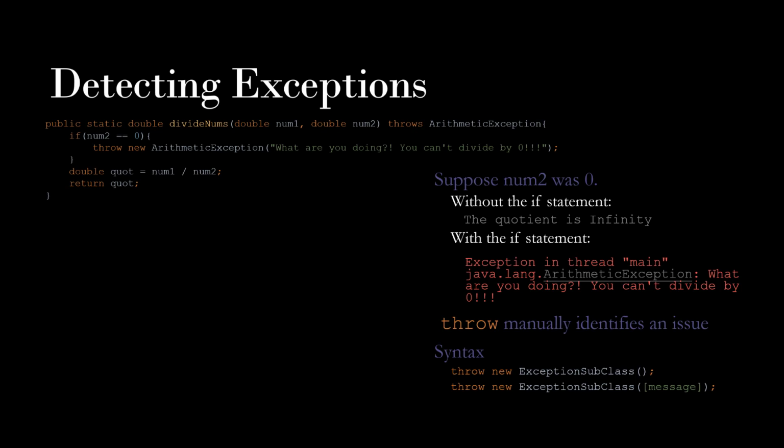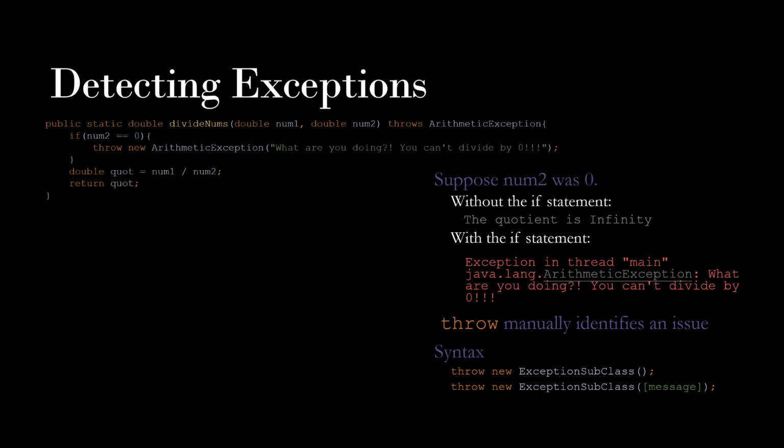Here I have a simple method, divideNums, where we take two nums, and let's say that num2 is 0. Notice that double quotient is equal to num1 divided by num2.